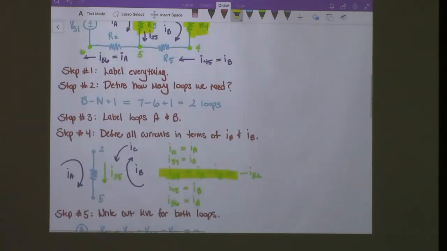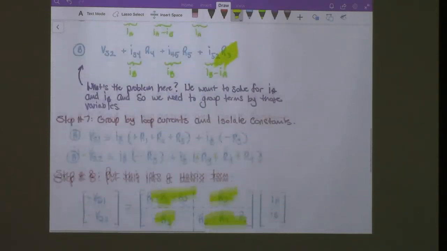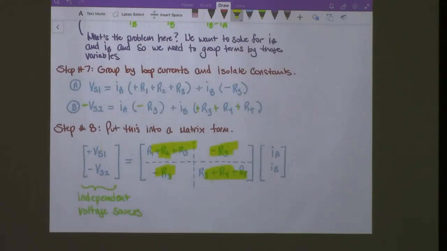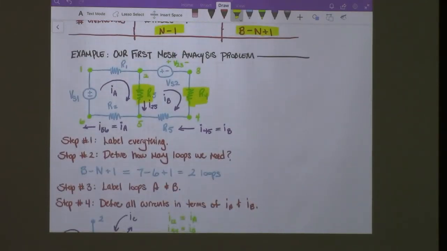So R3 is the middle branch, and so we see that there. These represent our independent voltage sources that are shown. And so if you have a good understanding of how to do by-inspection method for nodal, it's just a different flavor on that.